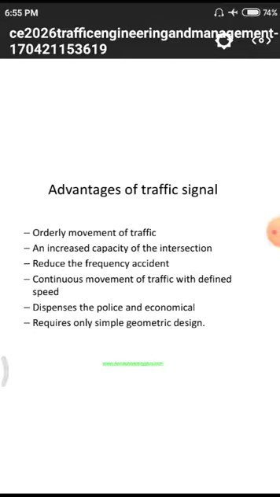For the particular cross section, the vehicles have to move at a proper speed after the signal is closed or opened. Next one, dispenses of the police and economical. Dispenses means that, due to this signal system, a huge quantity of police can do other duty.